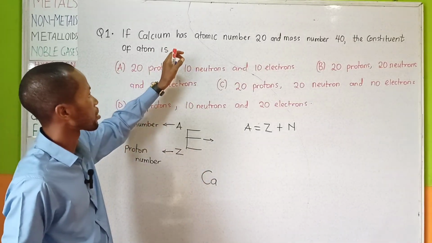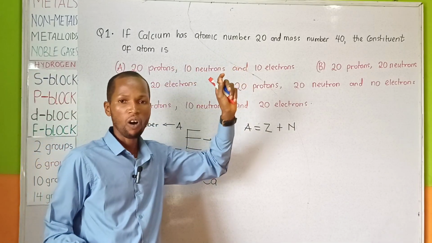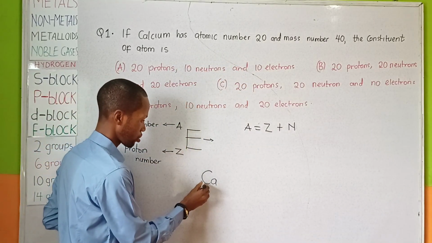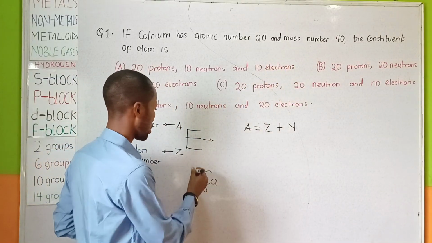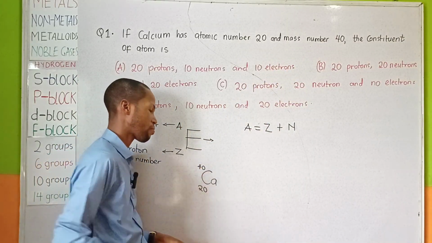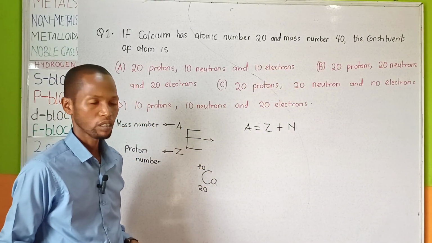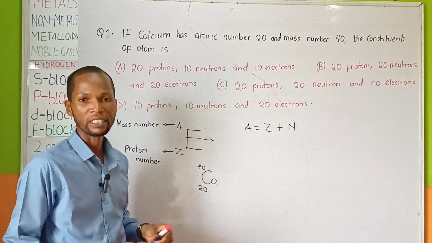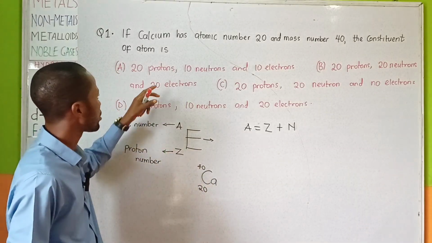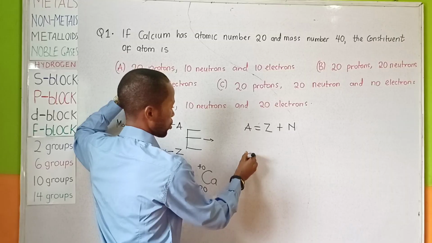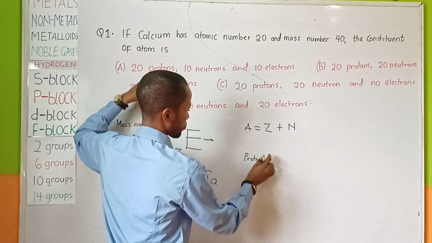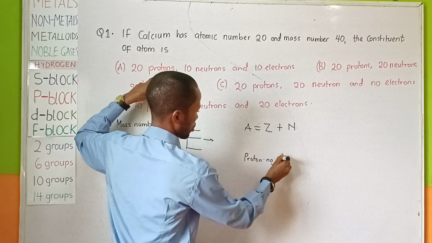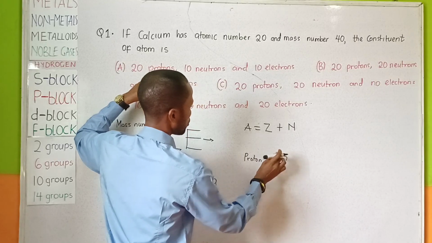Now we're told in the question that the atomic number of calcium is 20. So right here you write the atomic number, while the mass number is 40. So this is calcium 40, 20. So we have to determine the proton number, which is unknown.